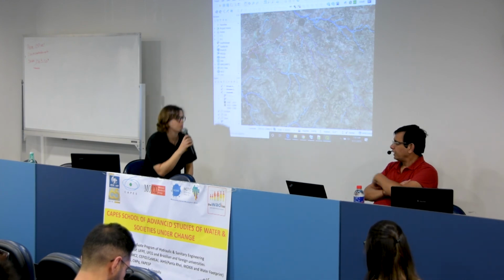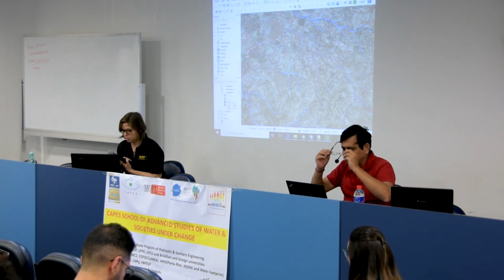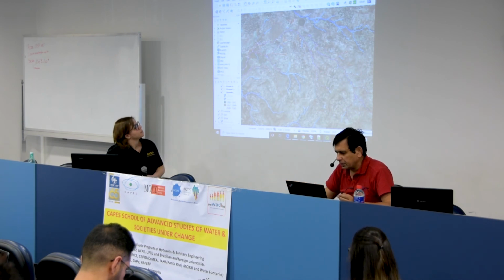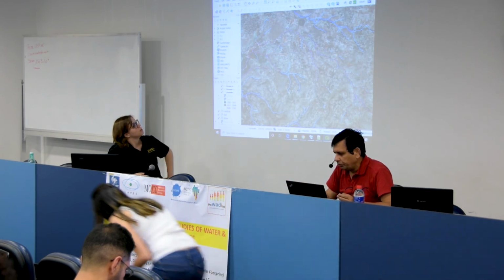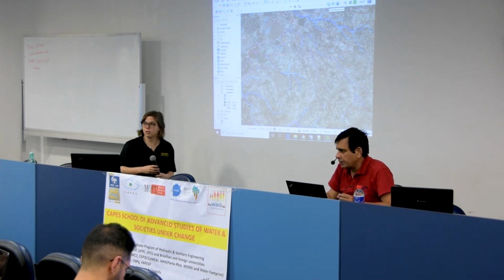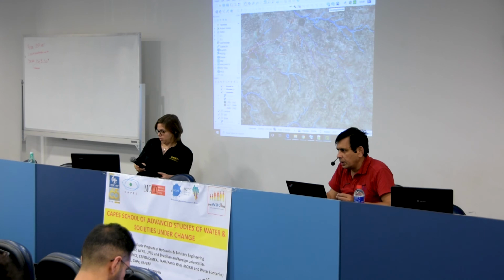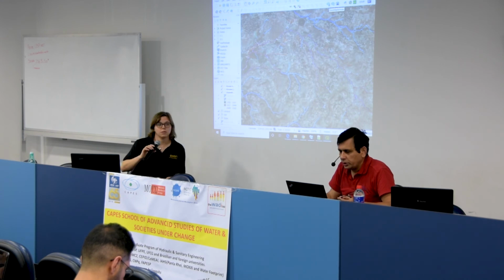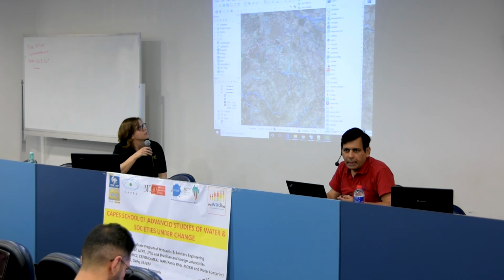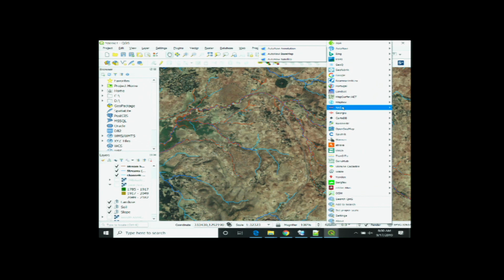Ok. I think we are going to take a coffee break. Before that, I just want to tell you what Daniela was talking about. If you install this plugin, Quick Map Services, from QGIS, you'll be able to put Google Map or Bing Map or any of these global satellite maps as a background that you can select.